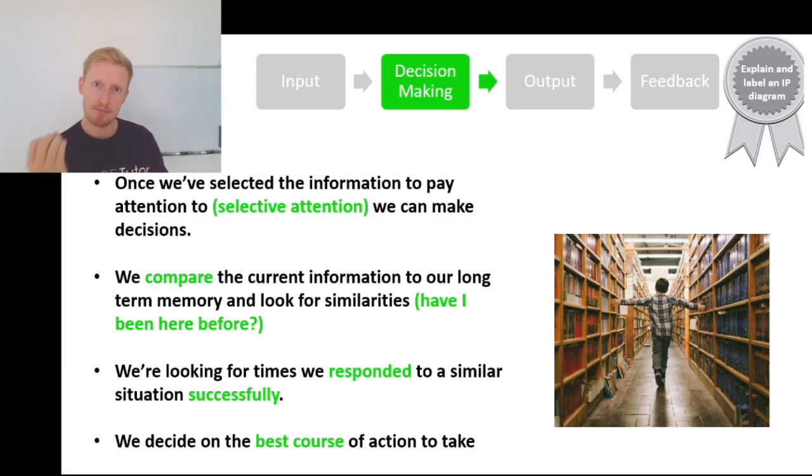But your long-term memory is where we store all of these different almost stories or situations or scenarios that you found yourself in before. So every time you complete one of these information processing loops, something comes in, you make a decision, you react to that environment, and then you get some feedback. That is a story.